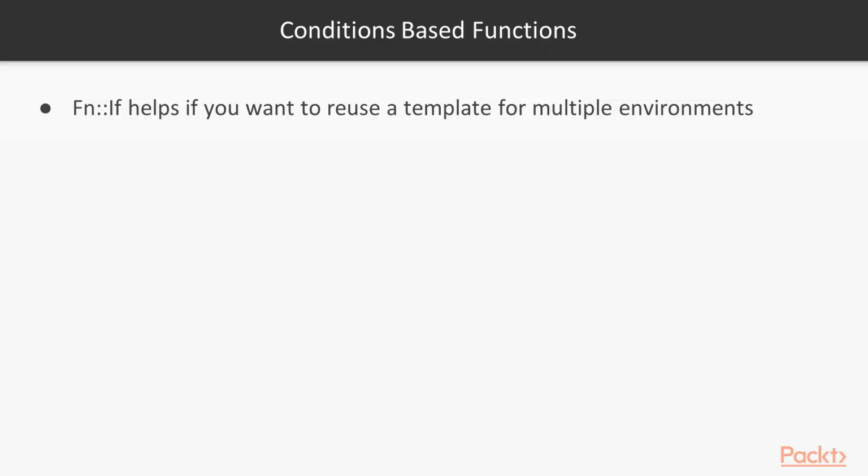Now if we explore a few other functions, there are condition based functions which are also available in CloudFormation. Condition based functions are basically and, if, not. So those are basic programmatic conditions. If you look into the function of if, this function helps us in a lot of environment use cases.